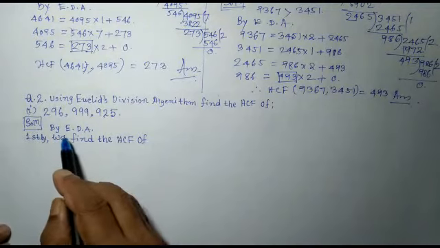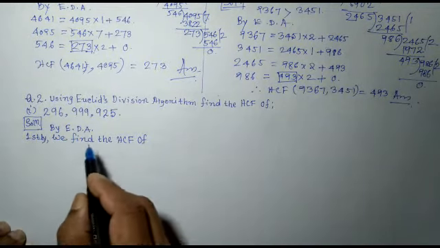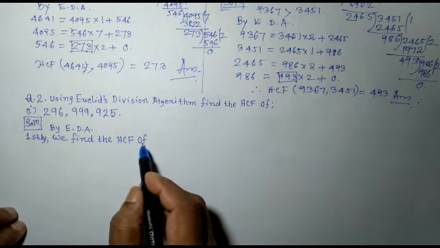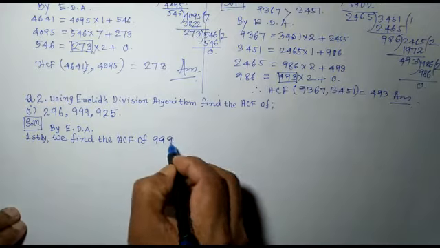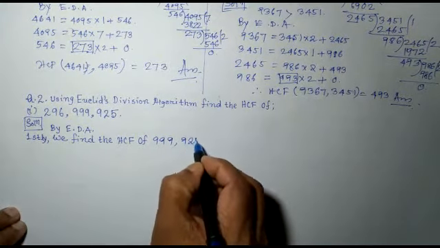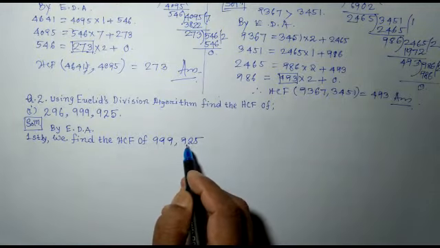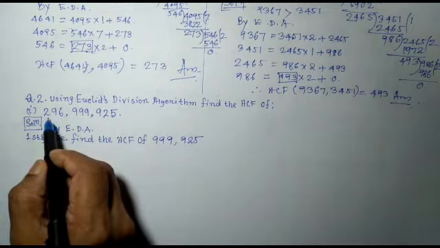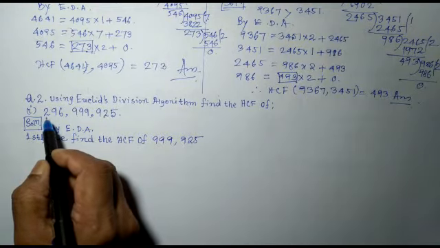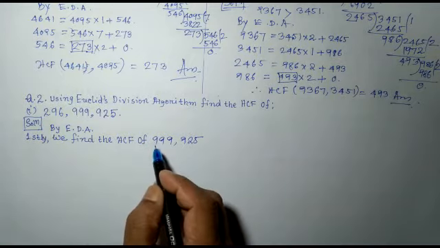So by Euclid's division algorithm, firstly we will find the H.C.F of the 2 bigger numbers 999 and 925. After getting the H.C.F of these 2 numbers, with that H.C.F and the first number, we will find the H.C.F again. We can say there are 2 sums in this question.